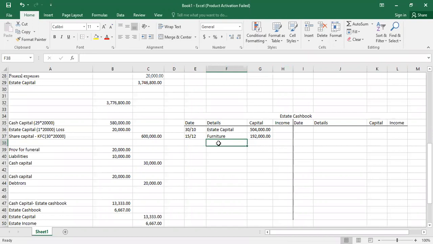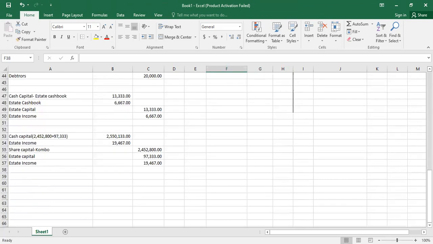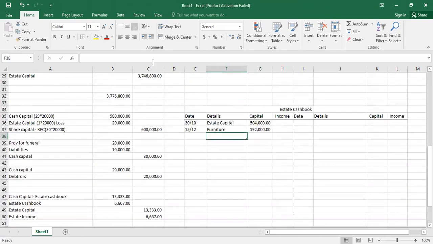We have the shares. We valued the shares at 580. What is the date? The shares are also done the same date. So KFC shares. So what figure are we going to take? The absolute figure that we disposed the shares at, 580. Right? Then we have the debtors.